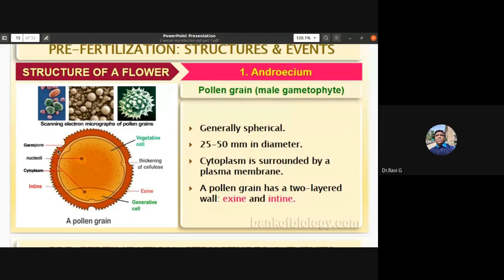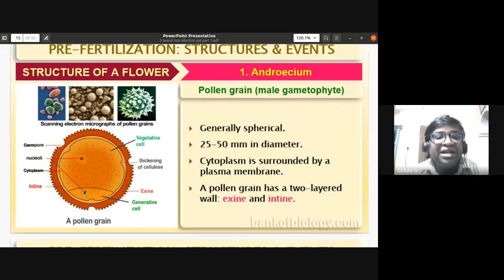Sporopollenin is deposited on the exine, and within the exine there are certain regions which we call apertures or pores. The innermost layer is the intine. Inside the pollen grain, it is a two-celled pollen grain with a vegetative cell having a vegetative nucleus and a generative cell having a generative nucleus.